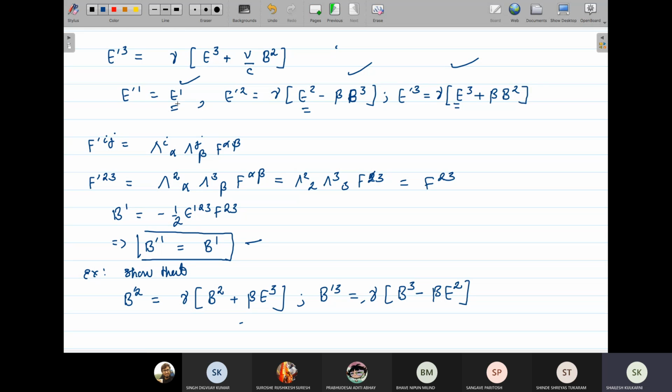So E1 prime remains E1, E2 prime will be scaled by a factor gamma, and similarly the third component of the electric field is also scaled by a factor gamma. But now you see in the transformed frame, the x component of the magnetic field is 0, but the second component will pick up something through this.